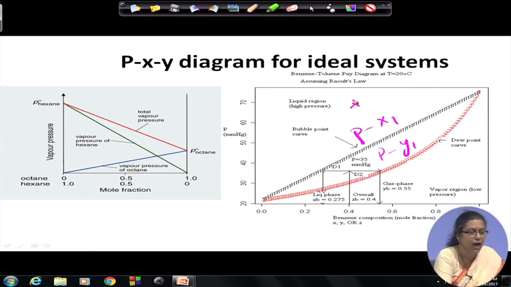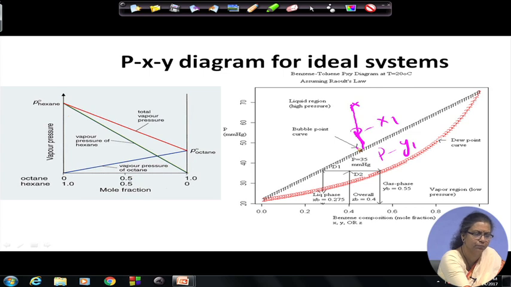Now, here we start expanding the liquid mixture at constant temperature. When we are reducing the pressure, we are basically following this vertical line. We keep on expanding, and we find the liquid keeps on getting expanded, but it remains in the single phase region.